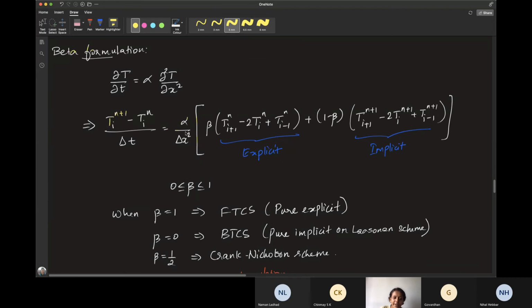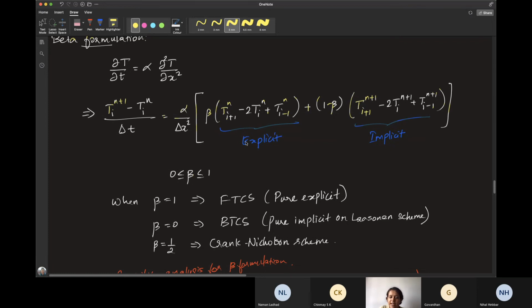You do central in space, but you do it for beta times central in space at the nth time step, and here it's 1 minus beta times central in space at the n plus 1th time step. So they are at different time steps. This corresponds to the explicit part and this corresponds to the implicit part.